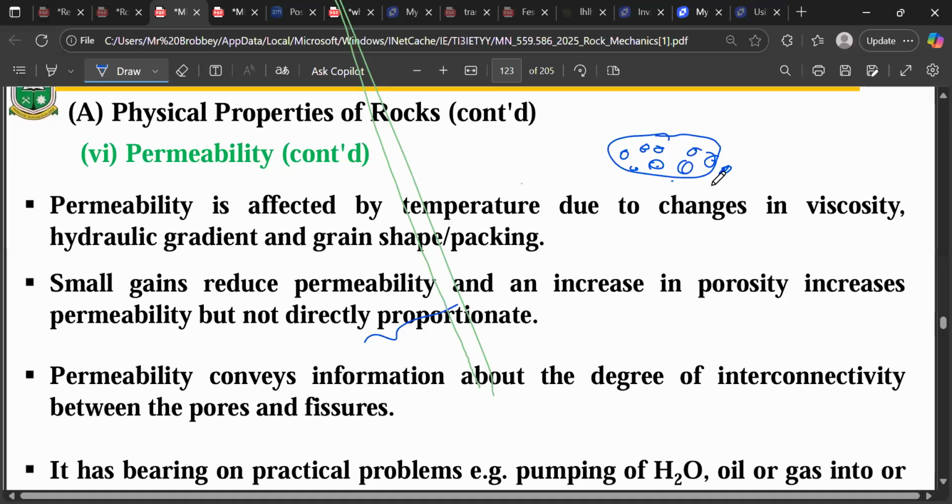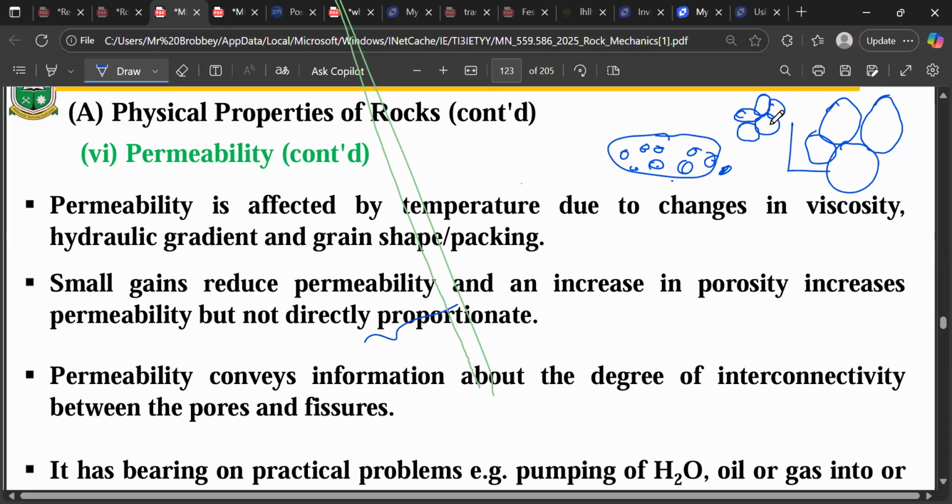So small grains reduce permeability. Also, we have clay particles. They don't allow water to pass through them because they are highly packed. If the grains are a bit bigger, then packing them will leave a lot of void spaces. But when they are smaller, they tend to fit in, leaving less space in between the soil particles.